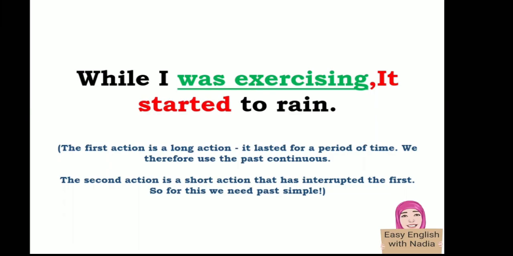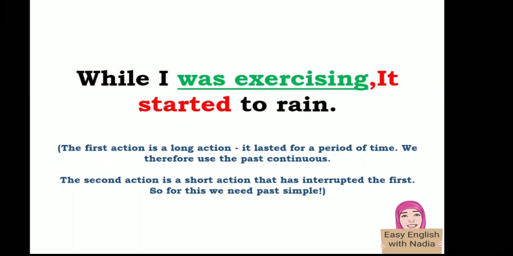It lasted for a period of time. So, we use the past continuous. The first action, was exercising, is conjugated in the past continuous. It's a long action. It takes a long time.